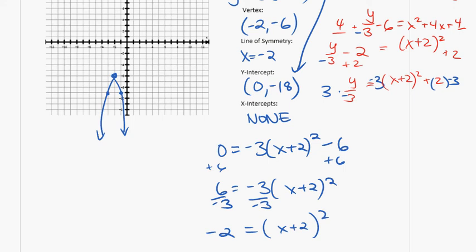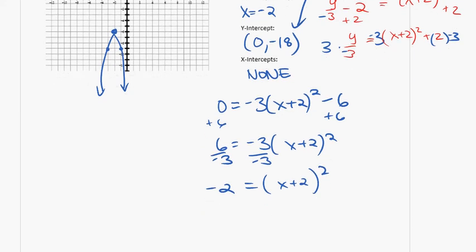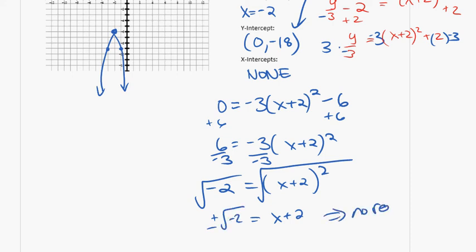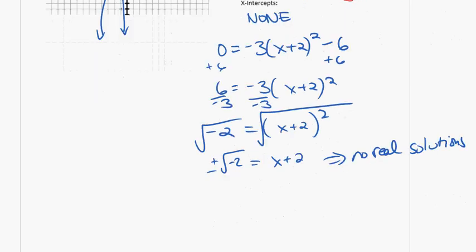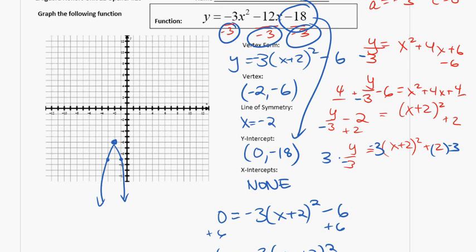And hopefully some of you are starting to see it now. If I try to take the square root of both sides, I can't take the square root of a negative number. So I get x plus 2 equals plus and minus the square root of negative 2, which is no real solution, which means there are no intercepts, obviously by looking at the picture, because it starts below the axis and goes down. So there cannot possibly be any intercepts there.